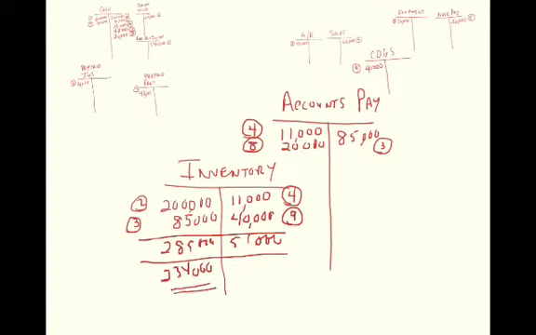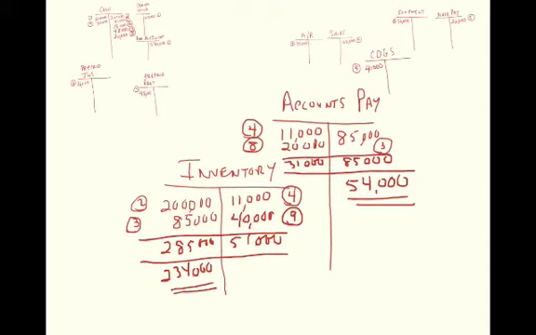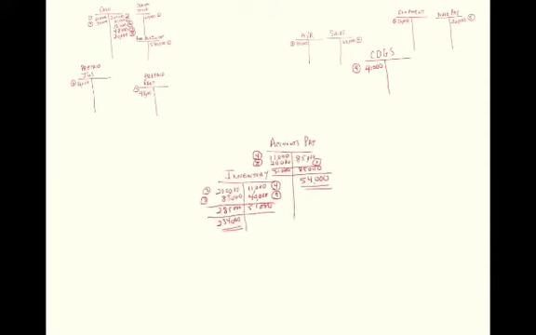That's our balance there. Accounts payable, we have 31 on the left, 85 on the right. So 85 minus 30 would be 55, minus another one is 54,000. And this is how we figure the balances. And now we can take that and make it smaller again.